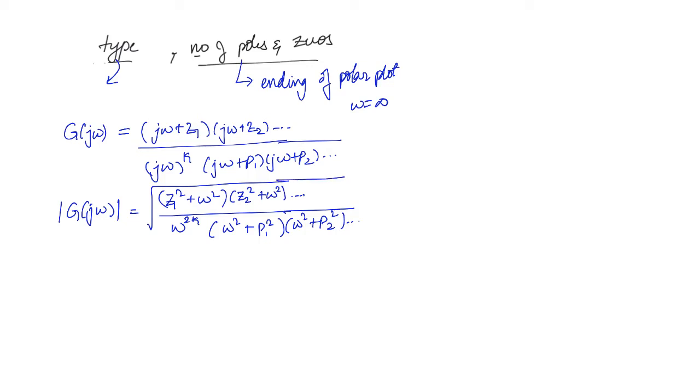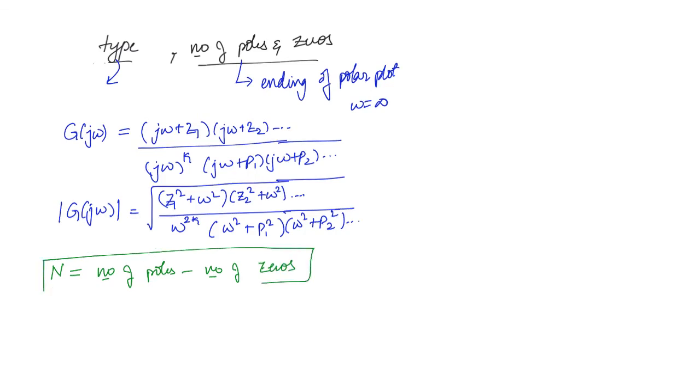Okay, so this is all under the root. Now what will happen? Let n be the difference between the number of poles and the number of zeros.